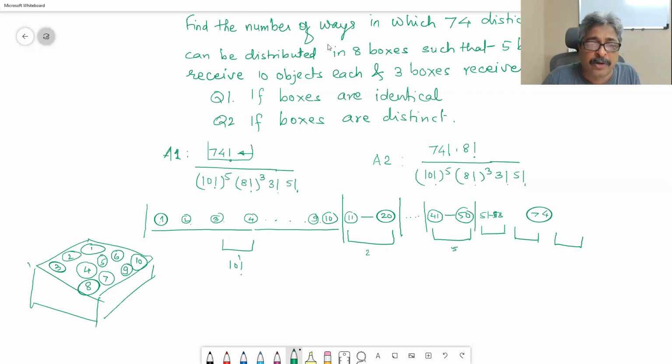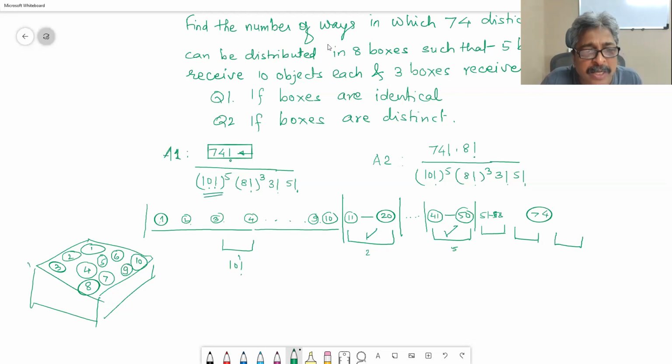This 74 factorial is too big an answer because these 10 objects will permute amongst themselves in the first box in 10 factorial ways. Therefore we must divide by 10 factorial. We must divide by one more 10 factorial because of box 2, and by another because of box 3, and so on.